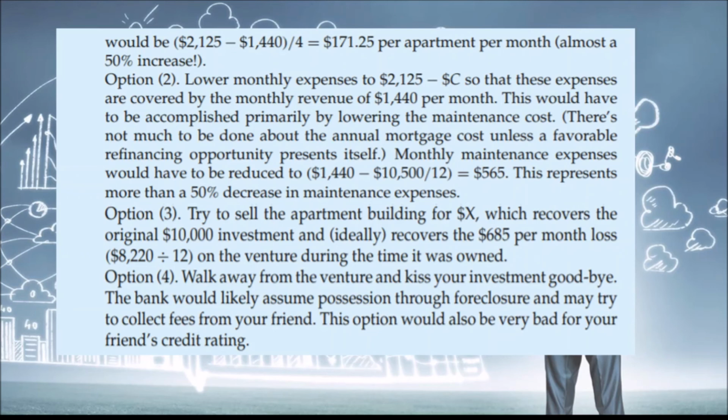For option 4, walk away from the venture and kiss your investment goodbye. The bank would likely assume possession through foreclosure and may try to collect fees from your friend. This option would also be very bad for your friend's credit rating.